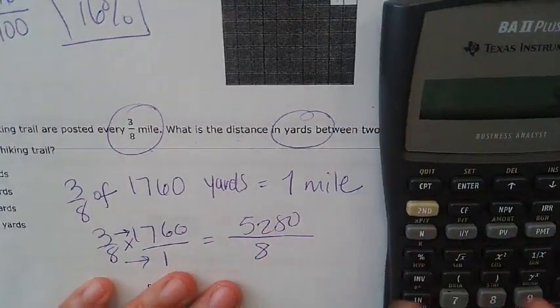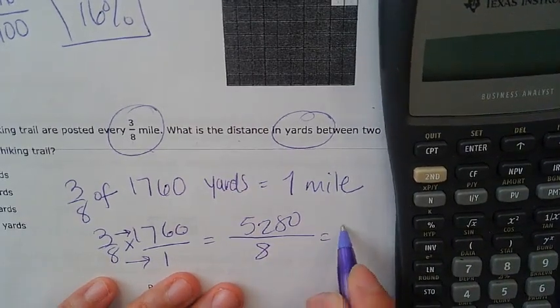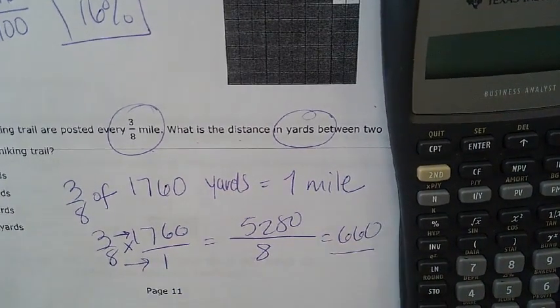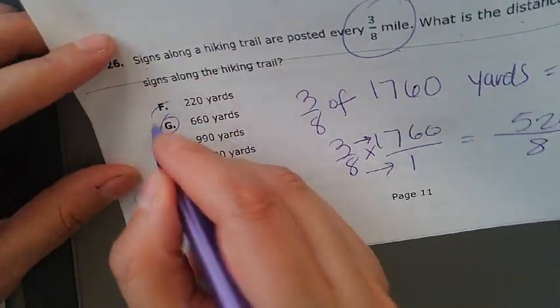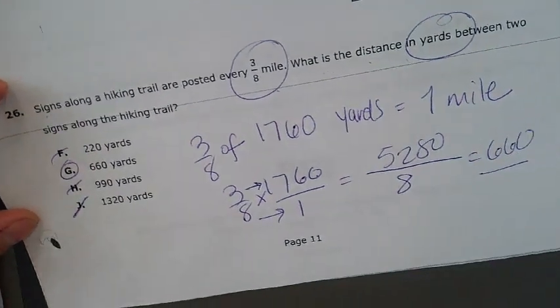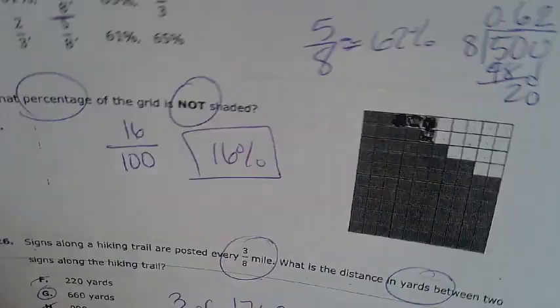What does that mean? Divide, right? Yes. What do we get? 660. So what's our answer? The reason why I'm using a calculator is for speed. We're running out of time.